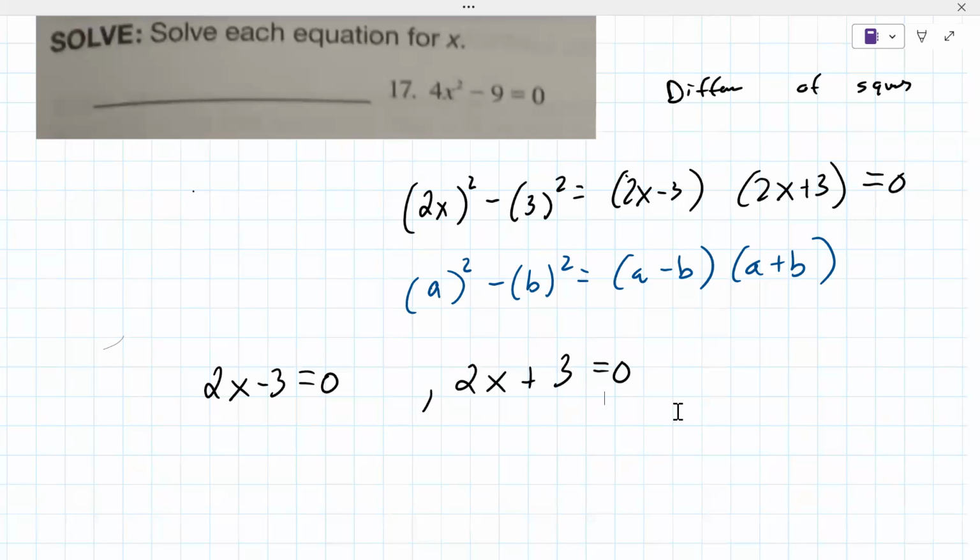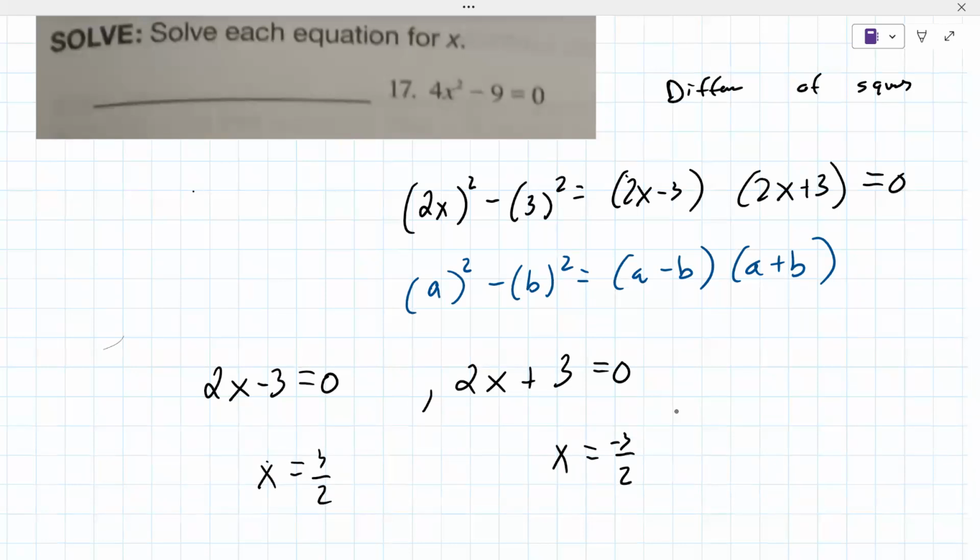Okay, so then I have 2x equals 3, and then 2x equals -3. I don't know if that works. So x equals 3 over 2. You have to divide. Okay. Keep going. You're done when x is by itself.